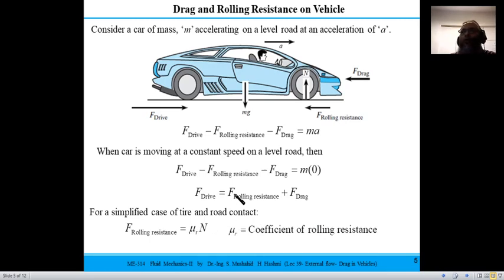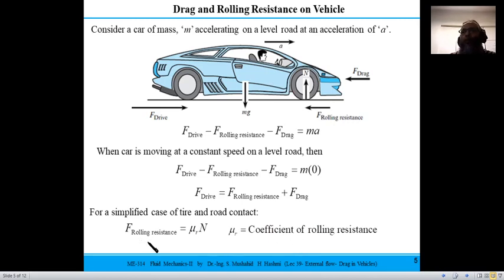Because weight is acting downwards, the normal reaction would be equal to the weight. So we can calculate the rolling resistance as mu r times m times g, because the normal force is just the weight of the vehicle. This normal reaction is taking place not at one wheel but at all four wheels.